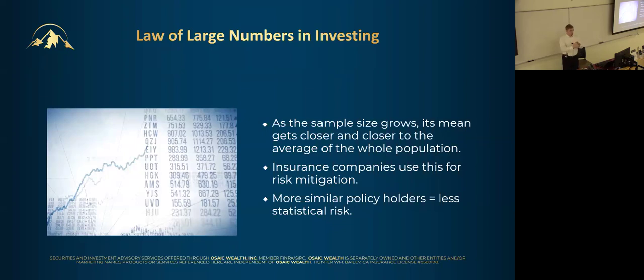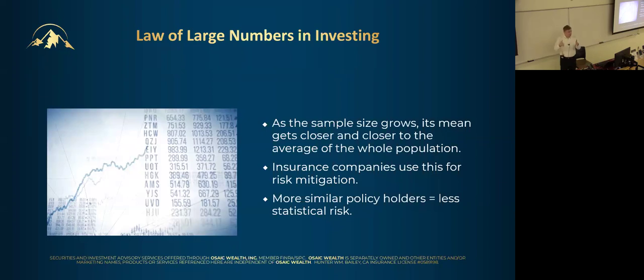So if I'm looking to insure this room against some sort of risk, let's just say it's life insurance. If I pick one person, just something could happen randomly. They could get hit by a car, anything could happen. And that risk is much higher to me if I only insure one person, or maybe some health problem comes up. If I insure a second person, my risk is now spread between the 2 of them.